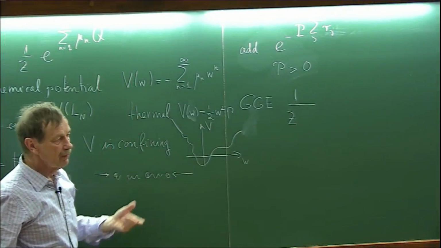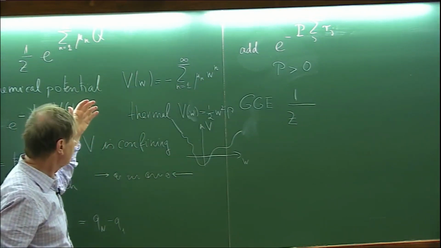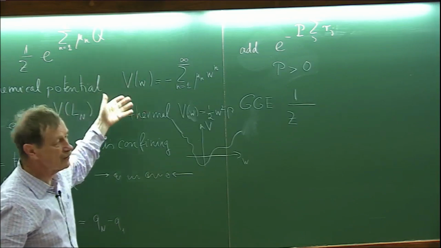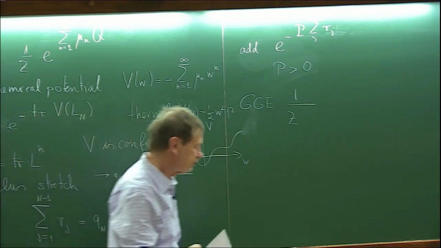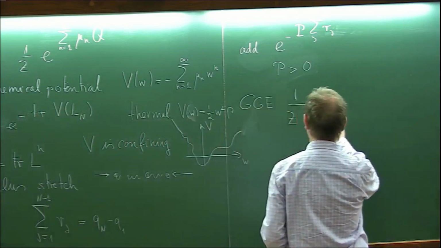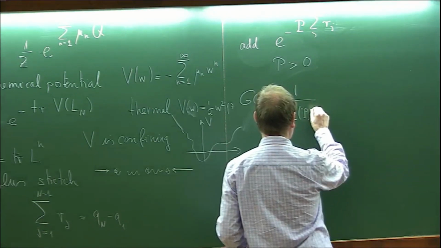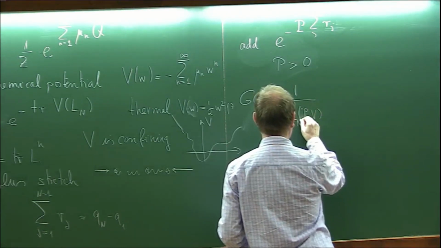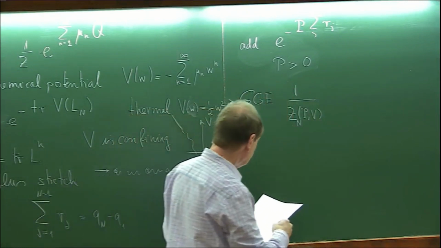But from the notation, it's much easier just to think of V as a function, but it will be P and V, which are the two parameters which characterize the GGE. I sometimes put this explicitly, and of course, there's the number of particles, so this is the partition function.